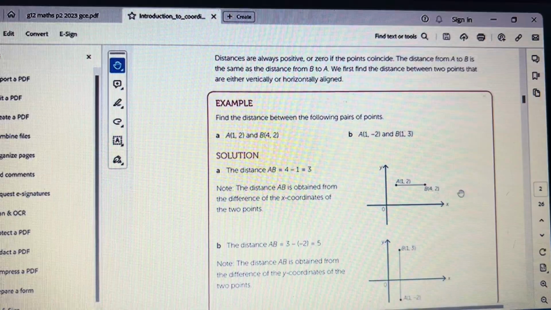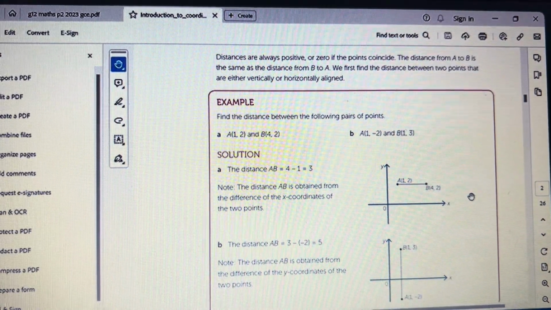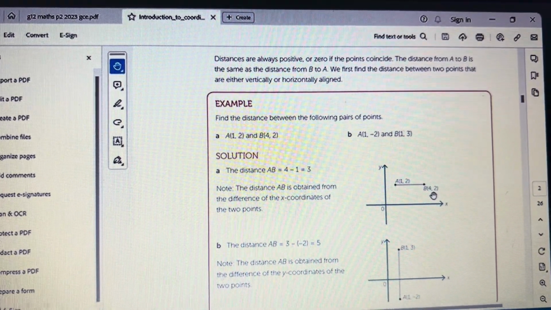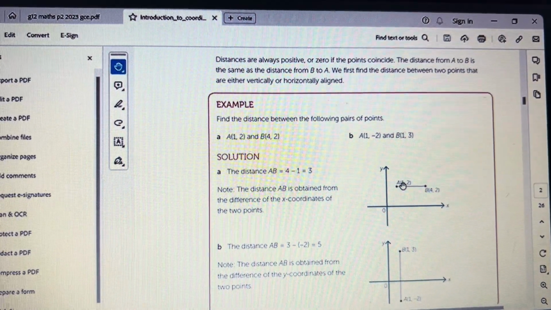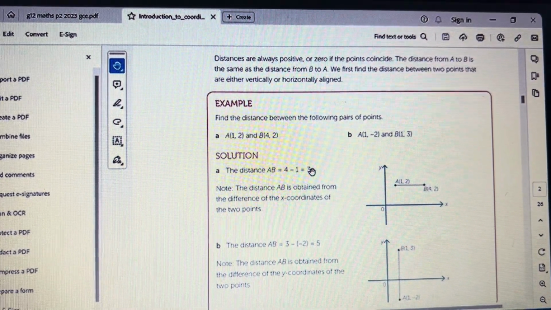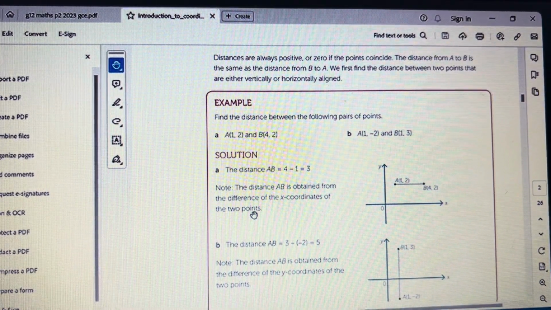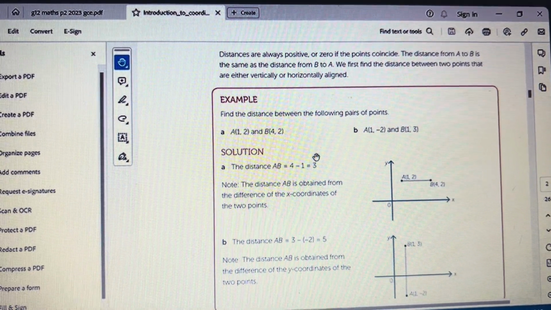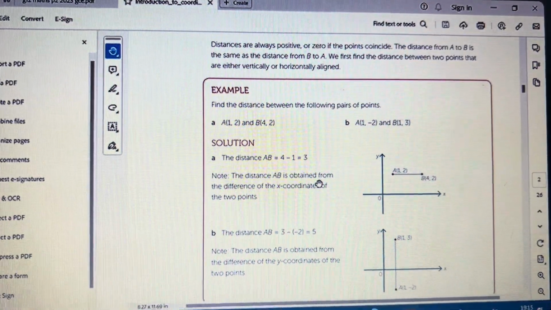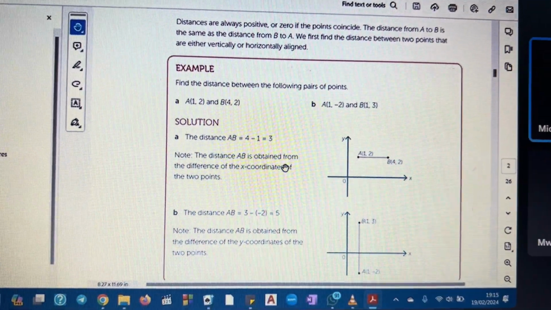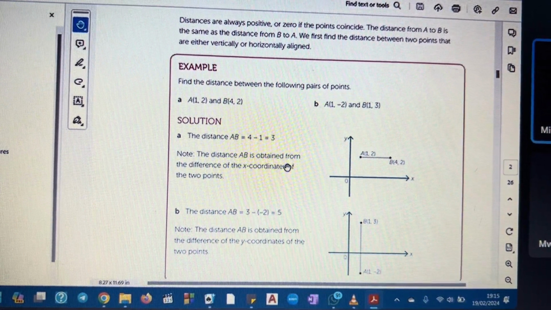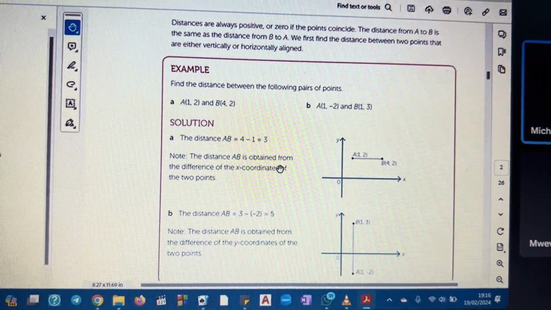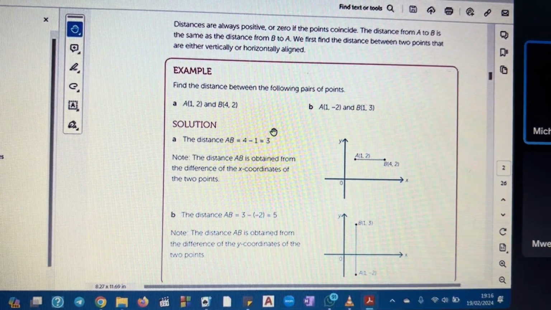And since positive numbers increase as you go to the right, the bigger number is 4. So we subtract the smaller number from the bigger number, and the difference is 3. So in this case, our distance between these 2 points is just 3 in the x direction. Since there's no change in the y, the distance in the y is just 0. And so that is why it's not accounted for.